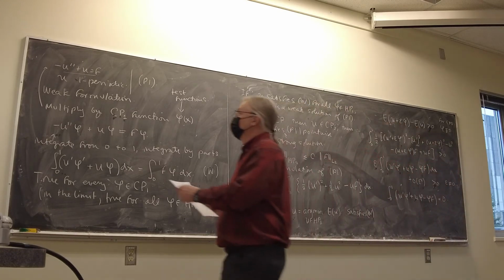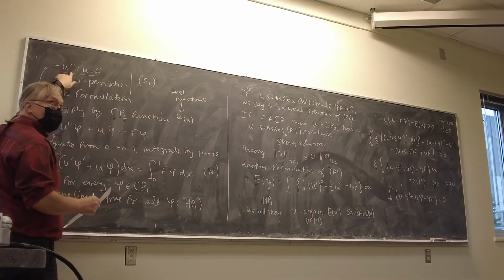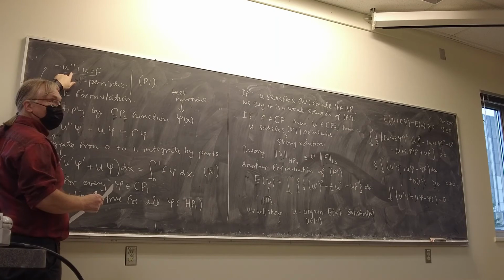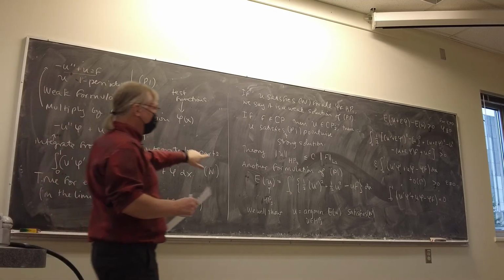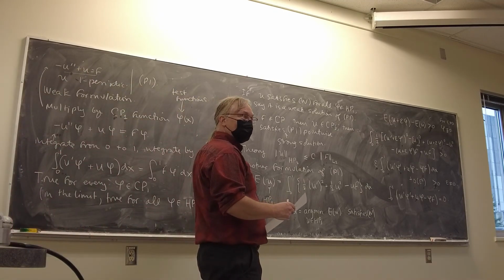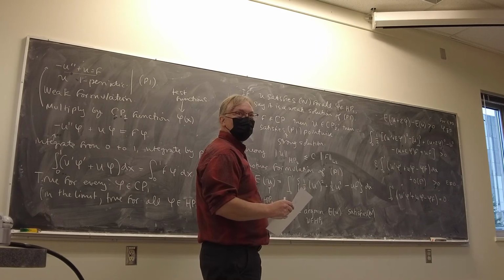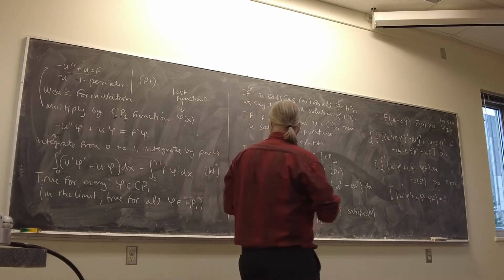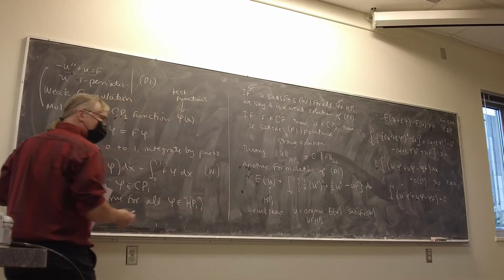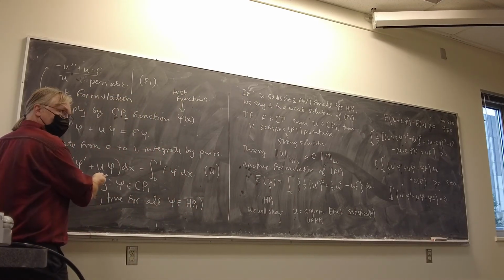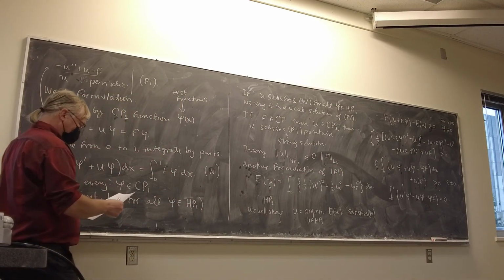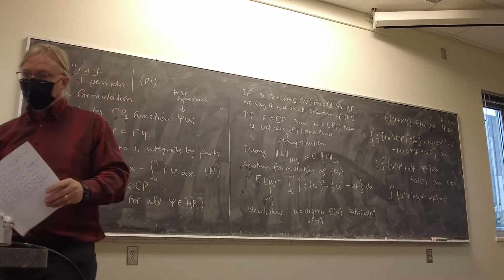And then you know that this has to be true. And then this thing here is called the Euler-Lagrange equation for this energy minimization. Okay, that's Math 402. So for us, it's just an extra way to look at this problem that comes up, which we're going to do numerically.